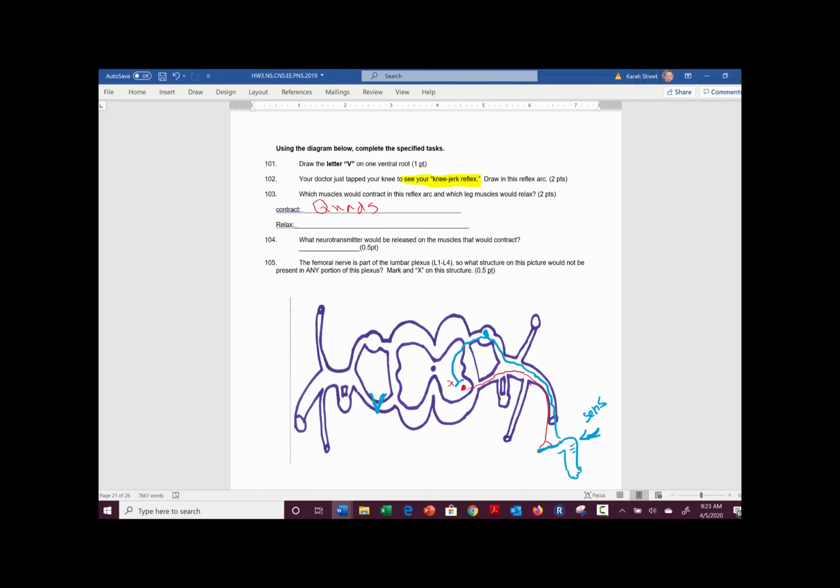But we know from lecture that if we are stimulating our quads to contract, we need our hamstrings to relax. And there is no neurotransmitter that is released on skeletal muscle to make it relax. In order to make skeletal muscles stop contracting, we learned this in Unit 1, we need a somatic motor neuron to not fire, to not release acetylcholine.